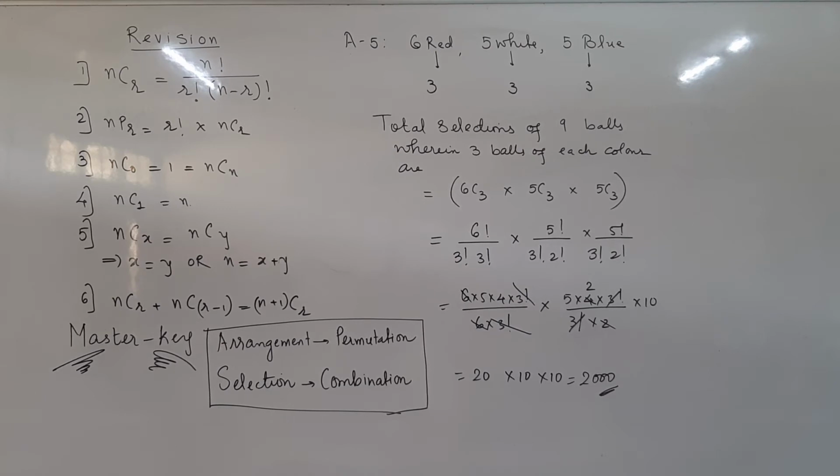So the answer is 2000. Students, we have 2000 total selections, and that is quite a large number.